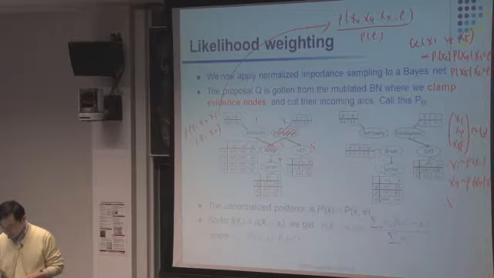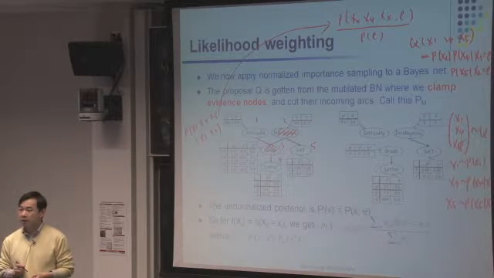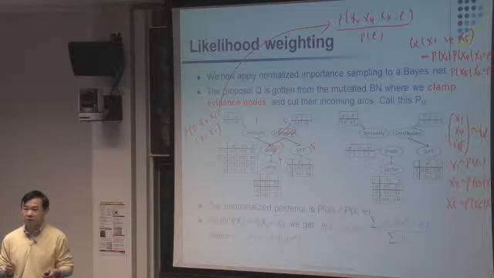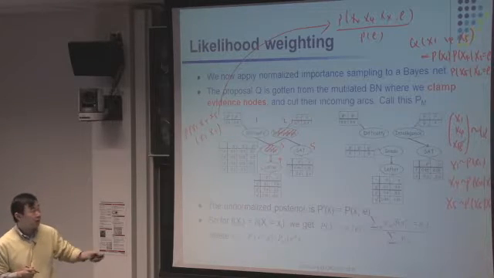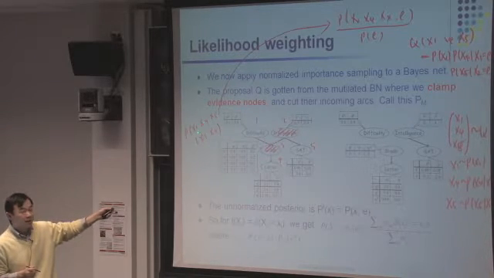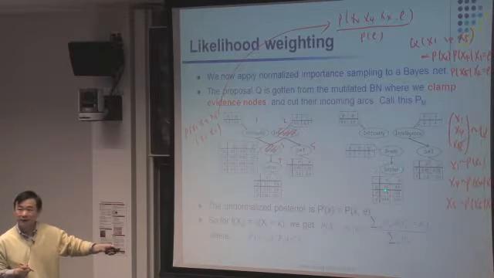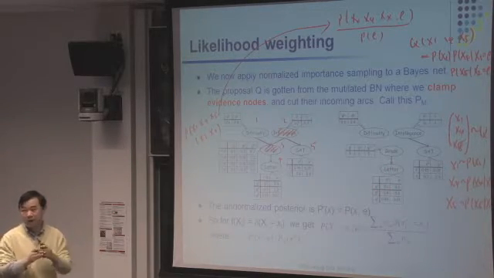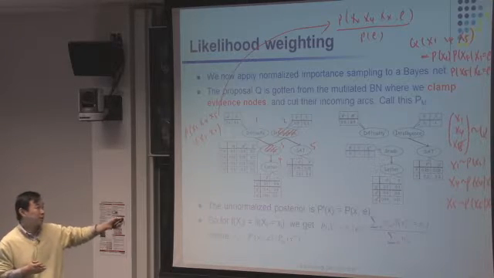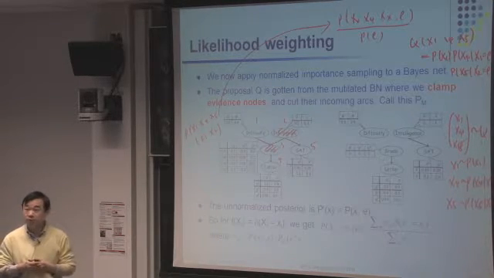And I'm going to generate x5 directly from P of x5 given x2. You may wonder what progress I made. Well, I made a lot of progress because sampling from here is going to be very hard, but sampling from here is trivial. All I need to do is look at a very simple table. I don't need to do any inference on conditional probabilities of these three given the other two.